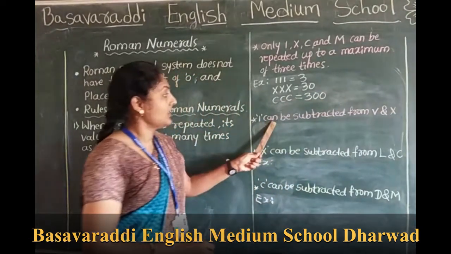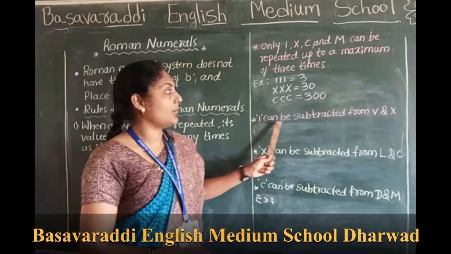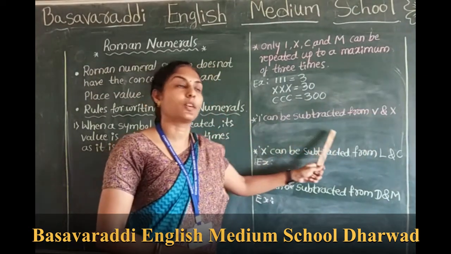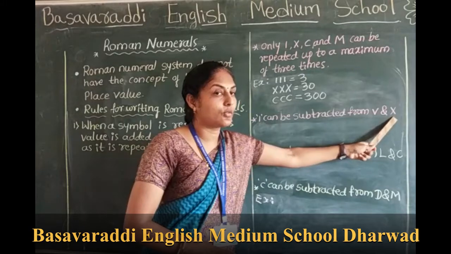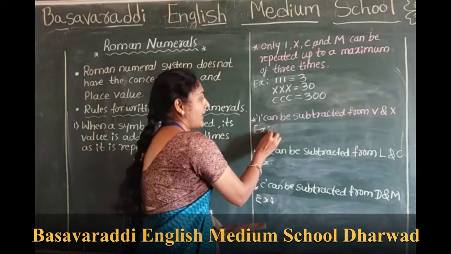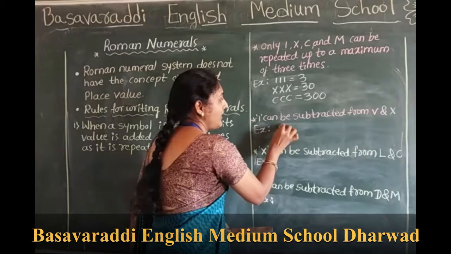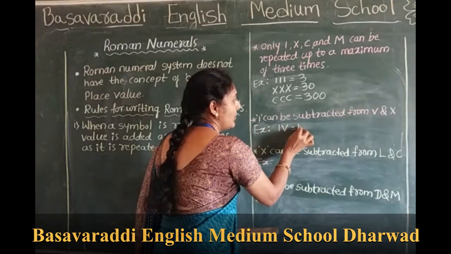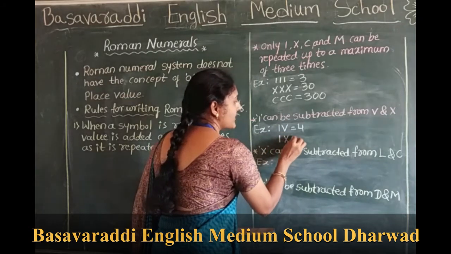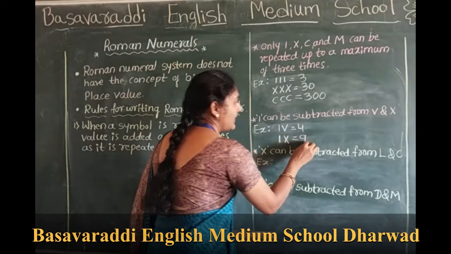Okay. The next tip is I can be subtracted from V and X only. With the example, IV is equal to 4 and IX is equal to 9.